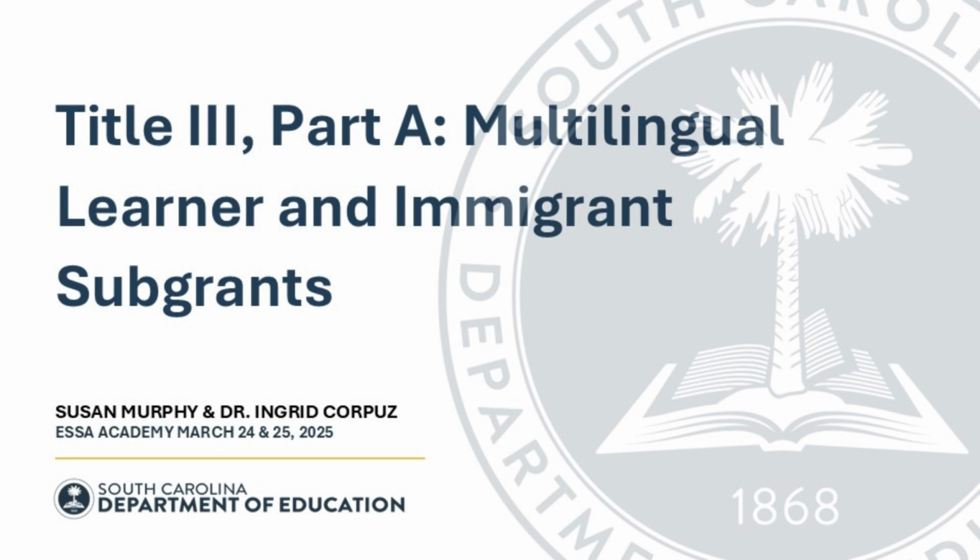For the immigrant subgrant, on the other hand, only districts that have a significant increase in immigrant students will qualify, and that is also based on a formula. Once we go through that, then districts receive allocations. They will likely change from year to year because it is based on immigrant increase for that particular subgrant.